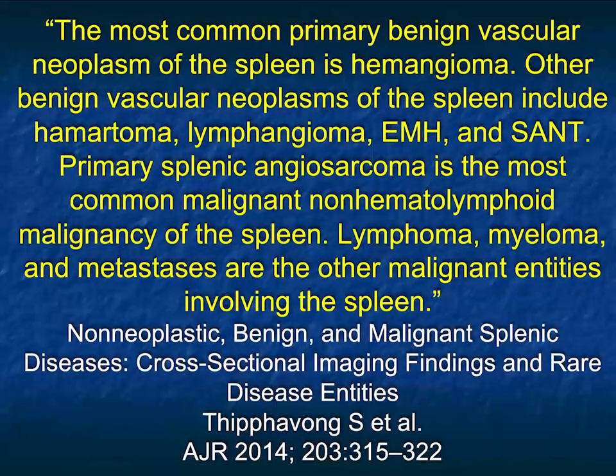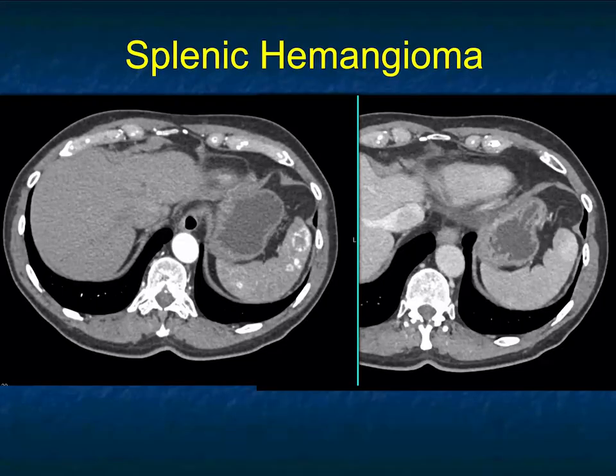KTW is probably the one I've seen the most of. When we talk about some of the benign lesions like hemangioma, we go through this whole differential. You can see it's listed here in this article by Thip Haven. But again, it's not going to be a real problem when you look at the cases.